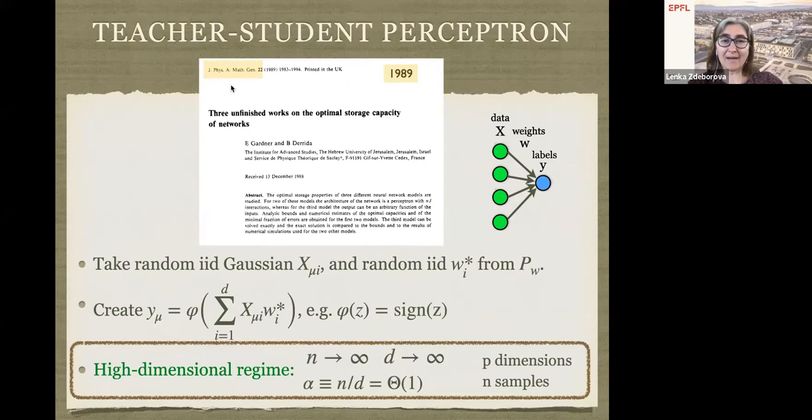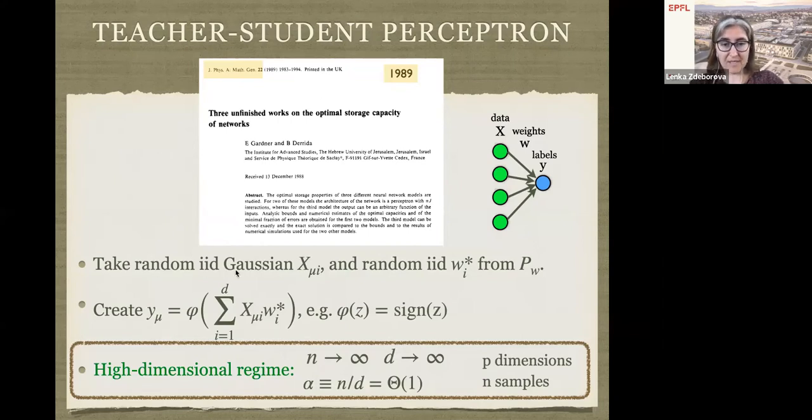It's in a work of physicists Elizabeth Gardner and Bernard Derrida, so the journal where it is published is a physics journal, where they look at this teacher-student setting in the simplest possible case, where both the teacher and the student don't even have hidden units. So it's just a single layer neural network, or generalized linear regression if you want.